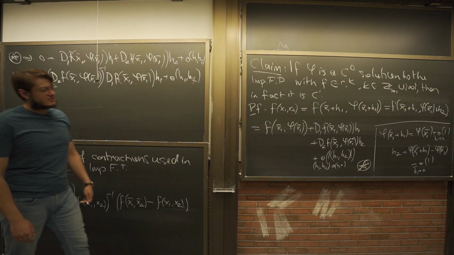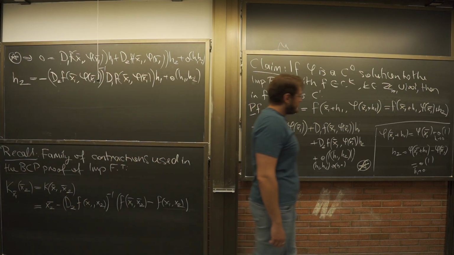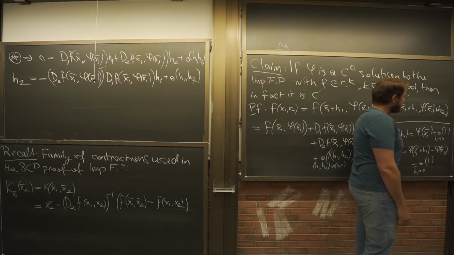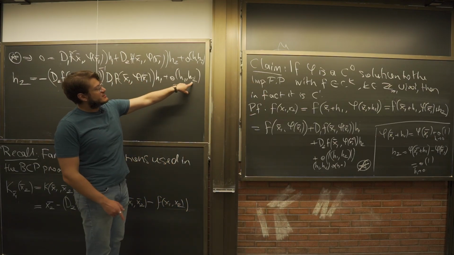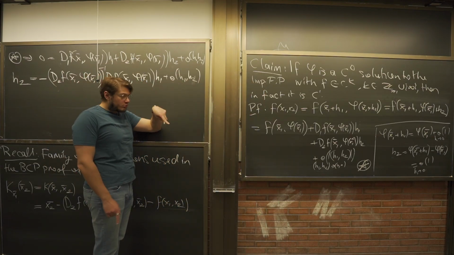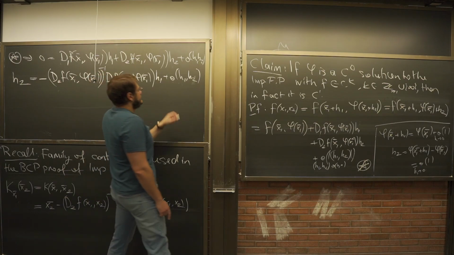Now, perhaps the arcane thing here is that because h2 is little o of 1 as h1 goes to 0, in fact, little o of h1, h2 is also little o of h1.